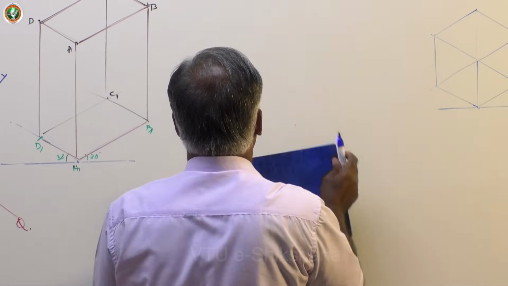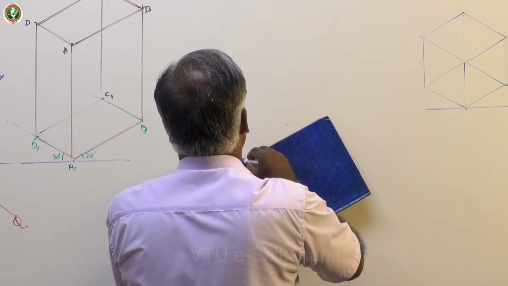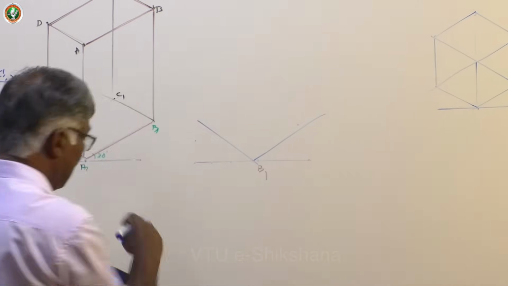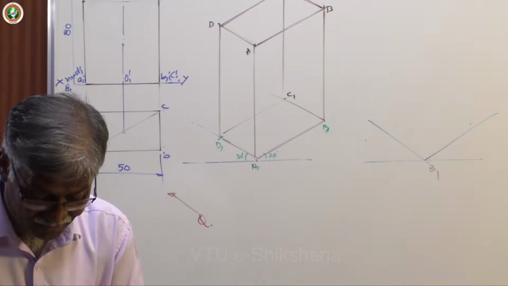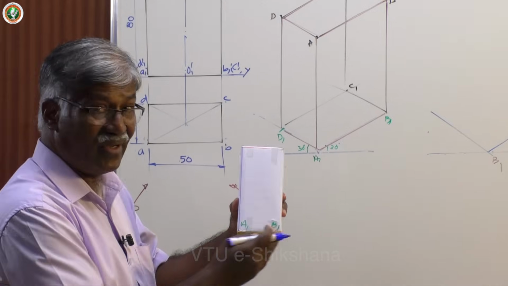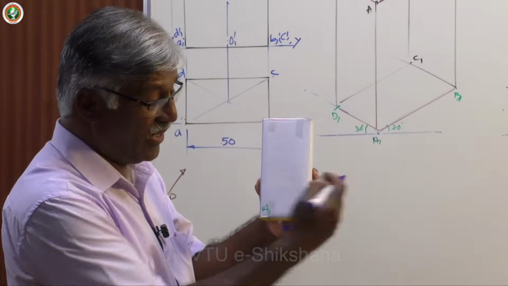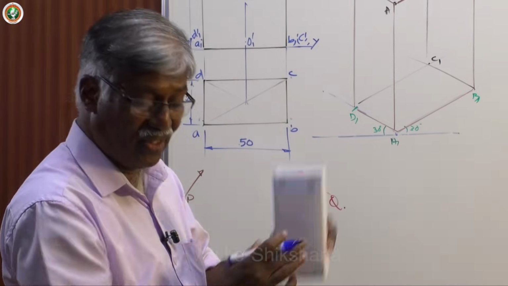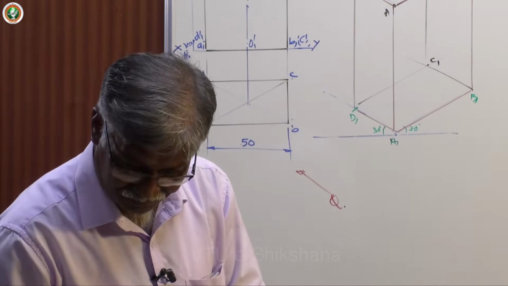Yes, draw a 30-degree line, 30-degree line. Now, to the left of the observer from B1 to A1 it is 50. To the right of the observer it is 25. So keep 25, 50.